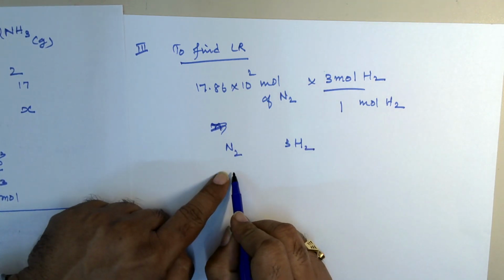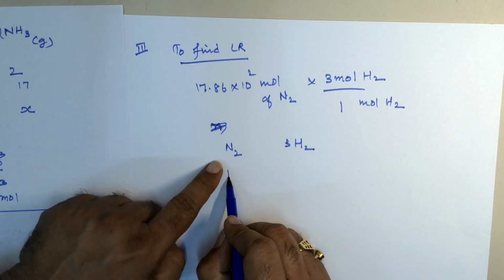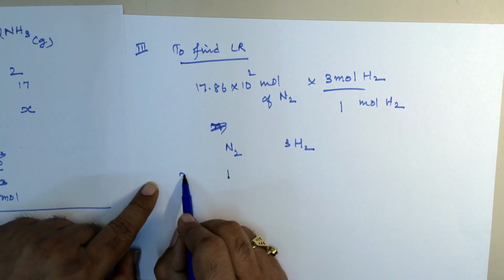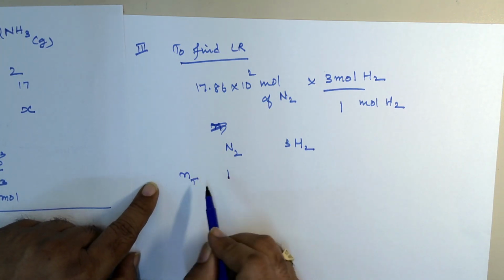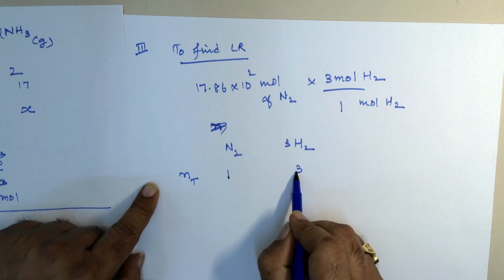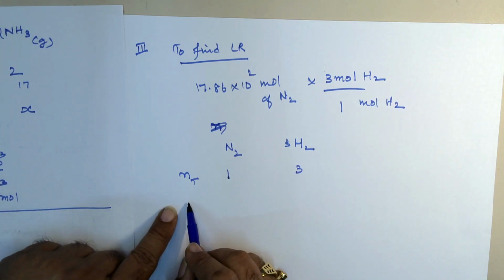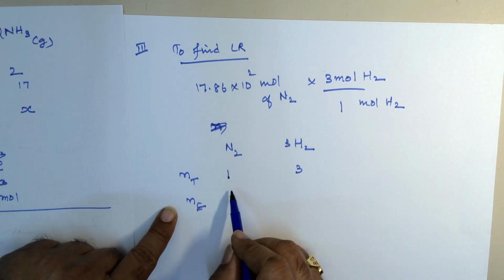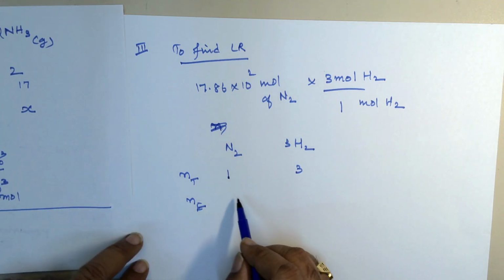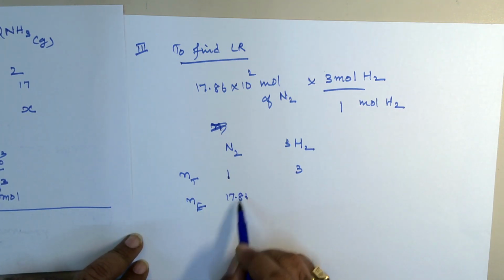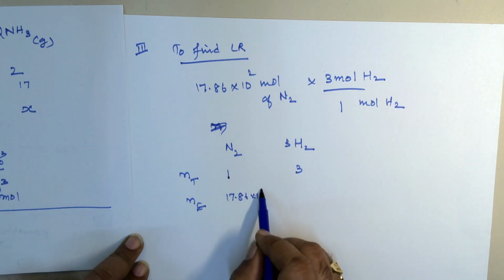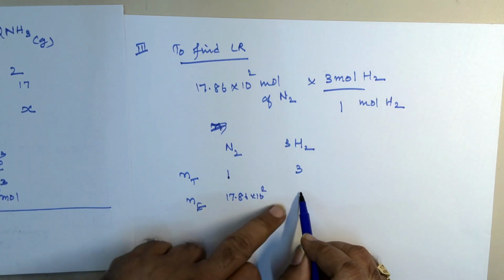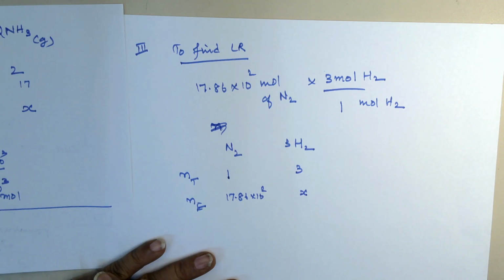So in this case, 1 mole, right? 1 mole, and that is nothing but the theoretical one. It requires 3 moles. And what is the experimental one? Ne. How much is it? It is 17.86 into 10 squared, for which how many moles of hydrogen is required?